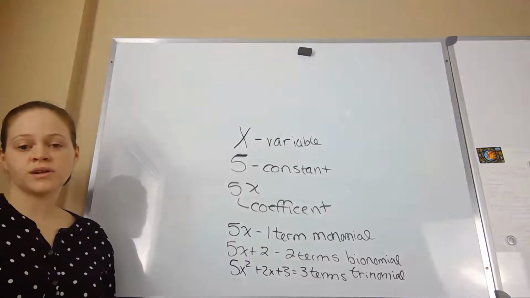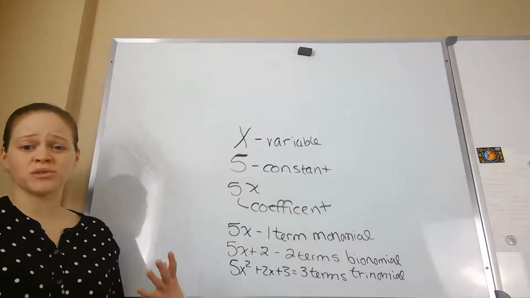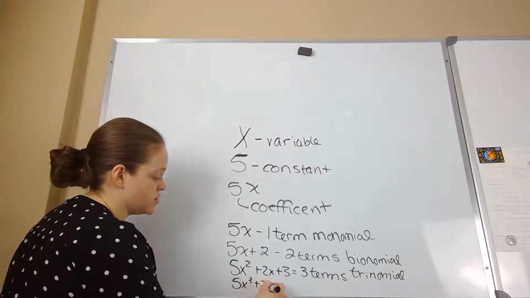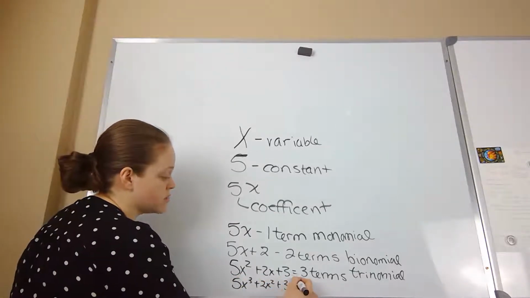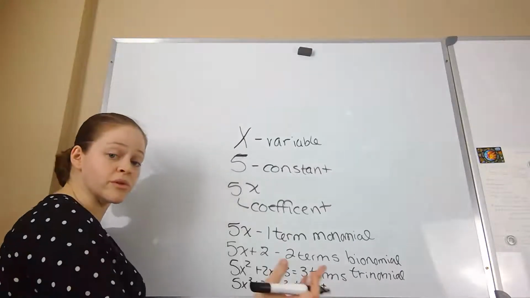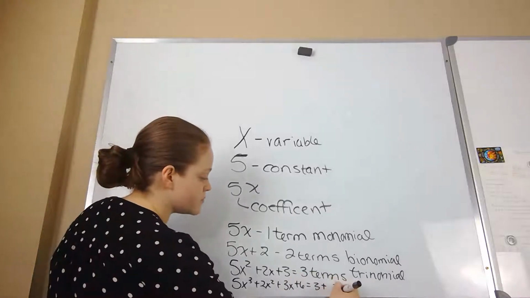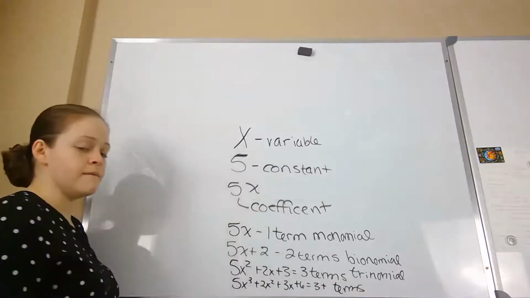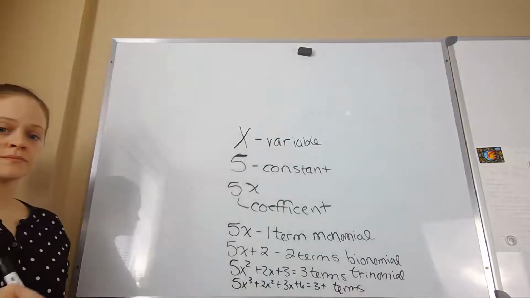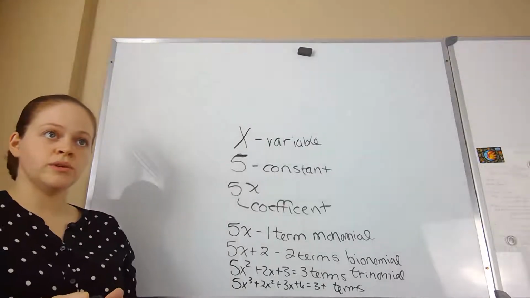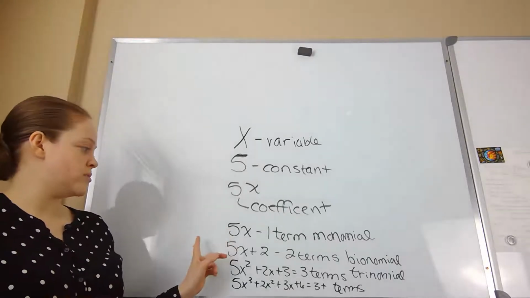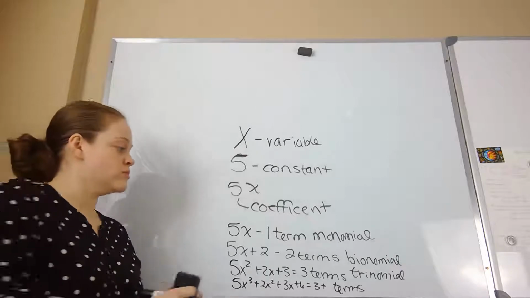And the last one is a polynomial, and a polynomial is anything more than 3 terms. So maybe we have 5x cubed plus 2x squared plus 3x plus 6. This is 3 plus, meaning 3 or more terms. So there is your monomial, binomial, trinomial, and then polynomial.